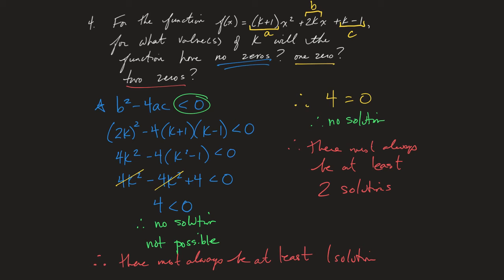Okay, now I need to jump into the last one, and I'm going to tackle that last one in purple. So I'm going to erase that underline, and now I'm examining the 2 zeros in purple. Well, for me to get 2 zeros, then I know my discriminant has to be positive, so therefore 4 must be greater than 0.